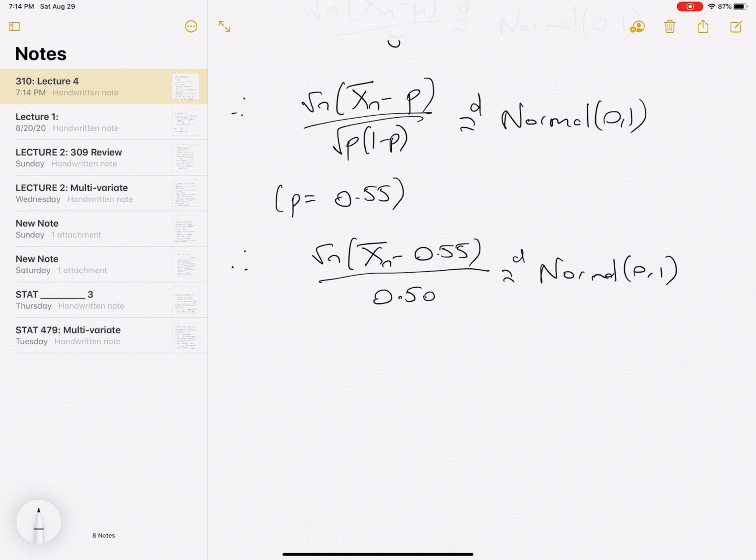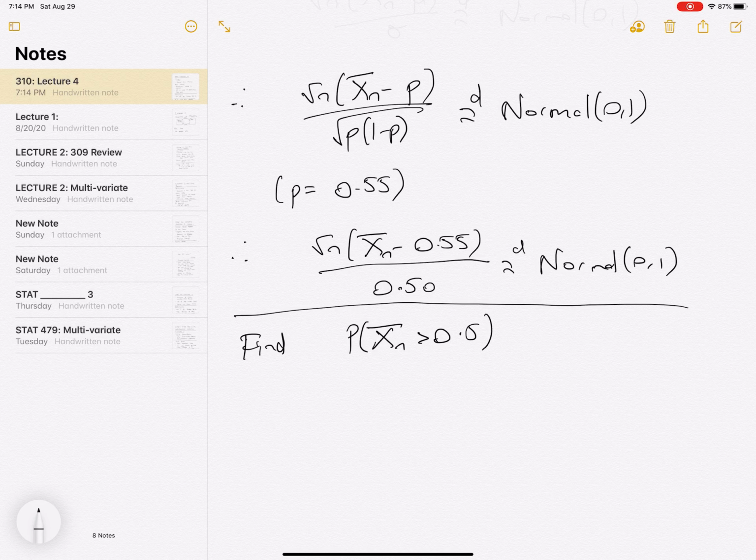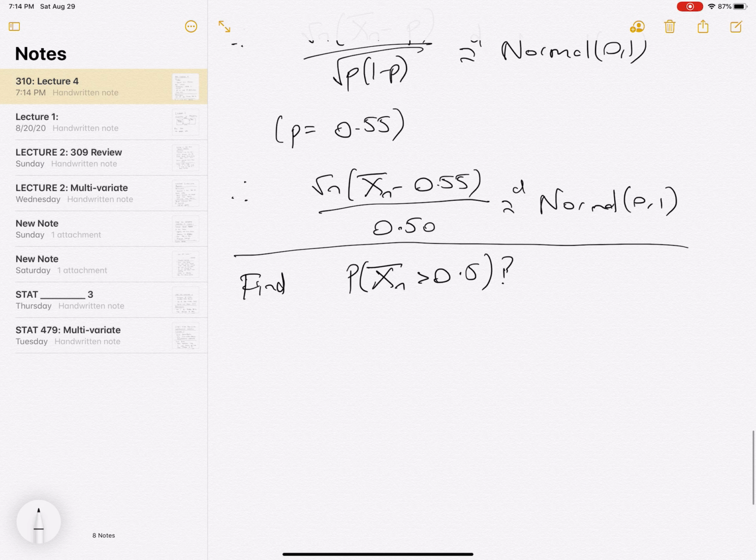You can do this calculation yourself. And then what we're asked to do is find the probability that x bar n is bigger than 0.5. This is the point where I'd ask you to pause the video again and try to finish off this calculation yourself.